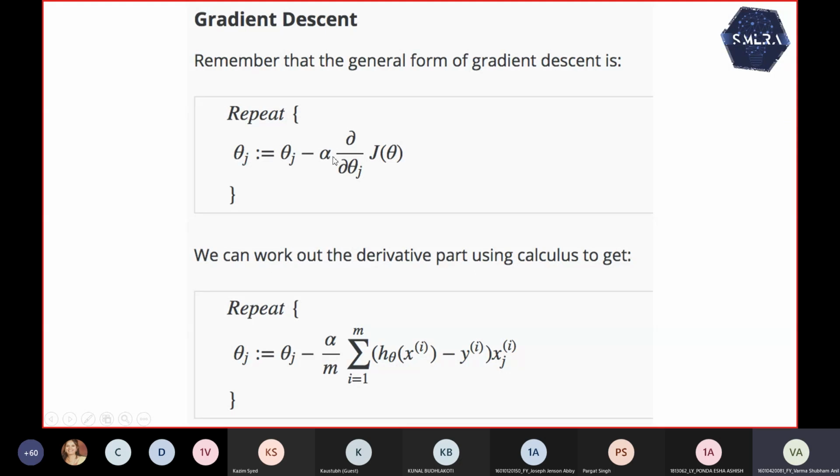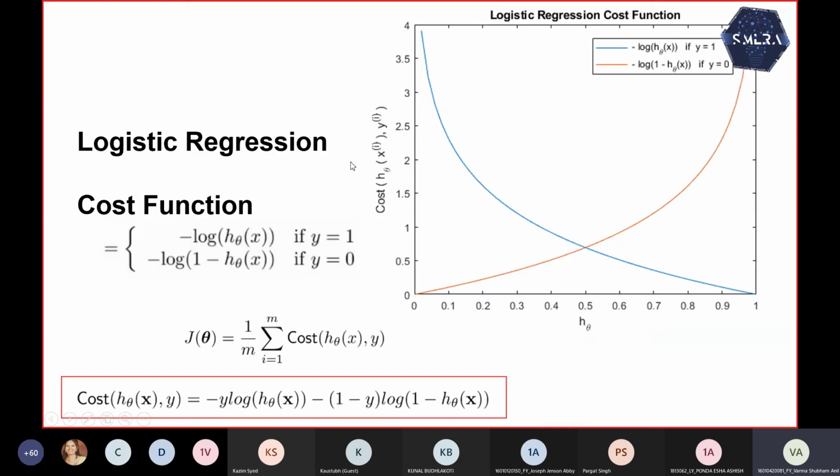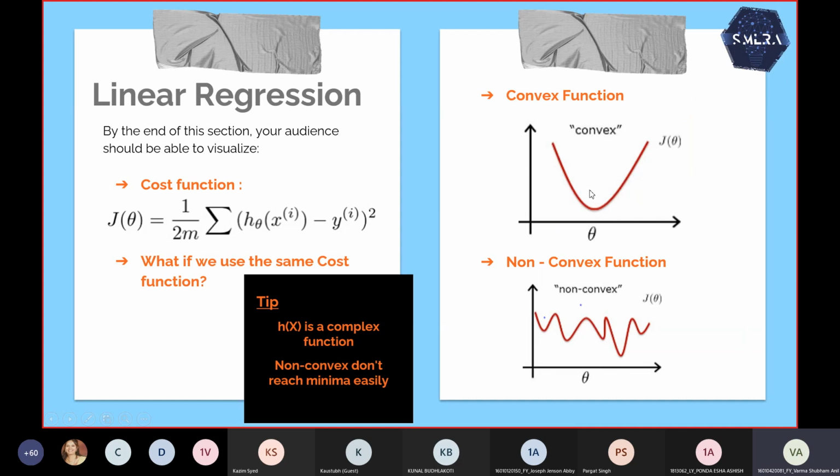As Jenson explained, if I take big steps, there is a high possibility that I can miss this global minima, and I will go in a zigzag manner and never come to this minima. And if you take a very small alpha, then it might take a very long time, and there are many other complexities with a very small alpha.